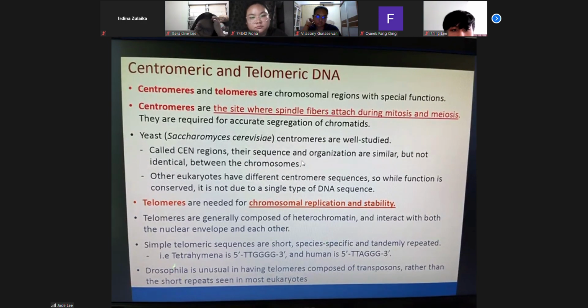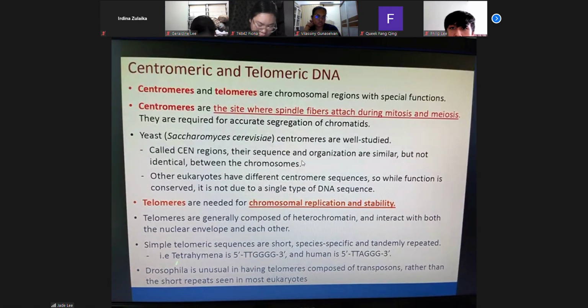For example, the Tetrahymena, which is 5' TTGGGG 3', and in human it's 5' TTAGGG 3'. So it's very species specific. Okay, satu TTG, satu TTA. Dan belakangnya GGG dah sama.